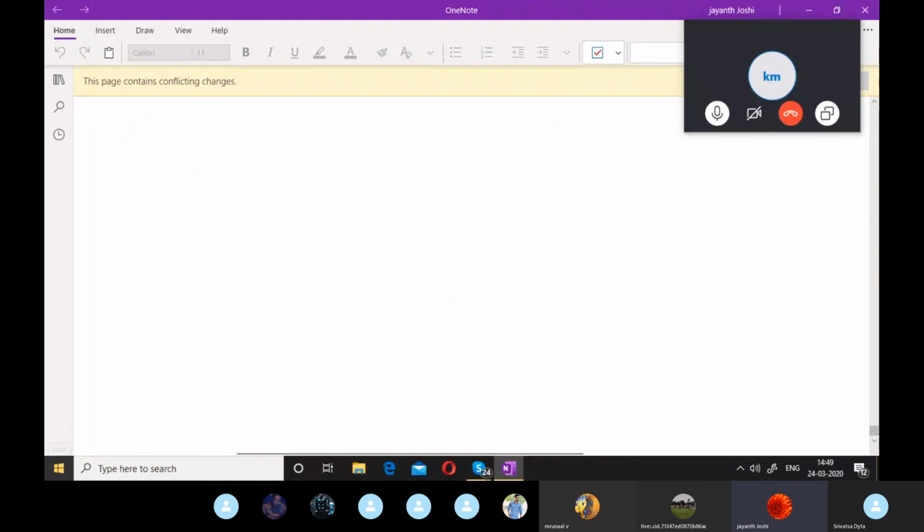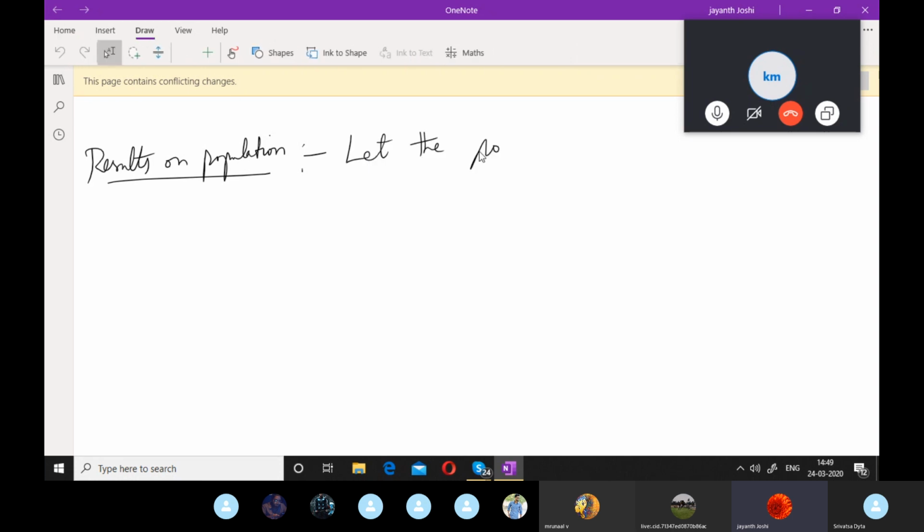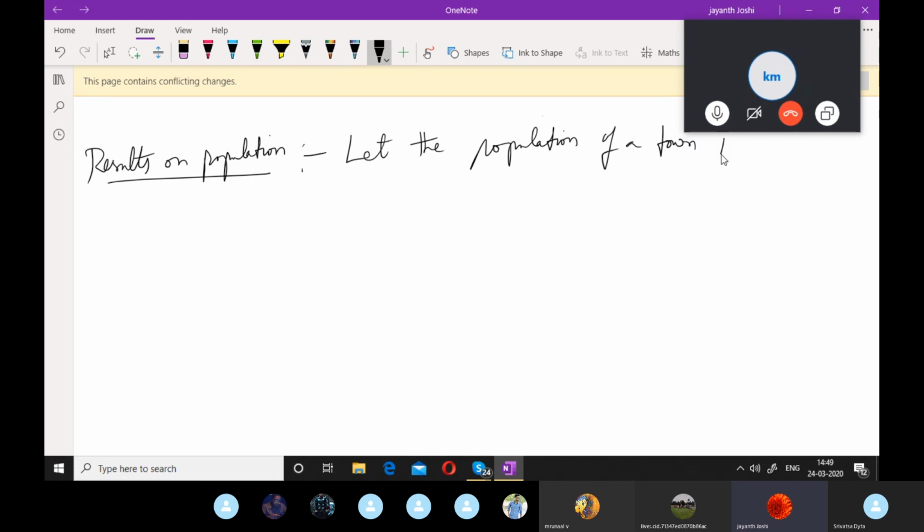This notepad is giving some setting issues. So results on population. Let the population of a town be P. So instead of present value, you have P here.